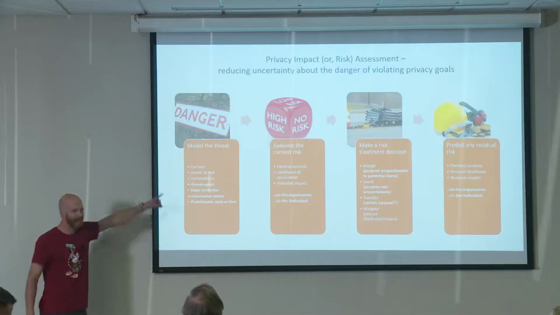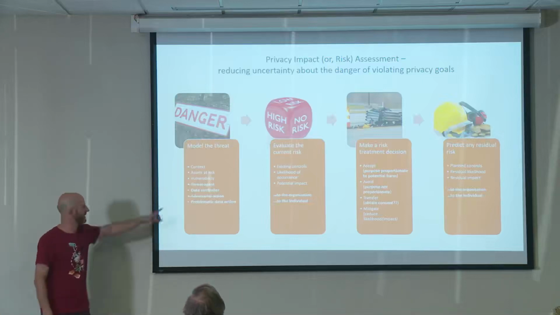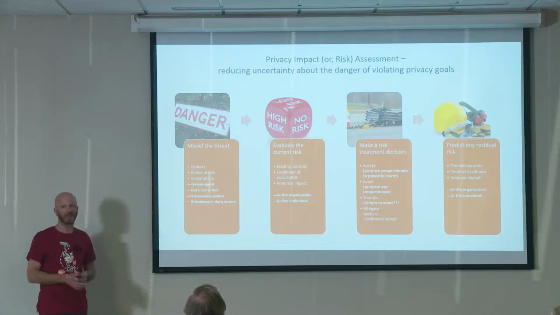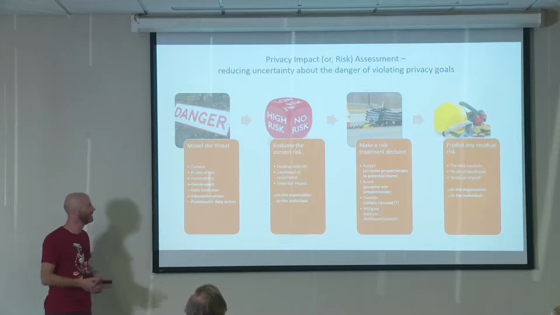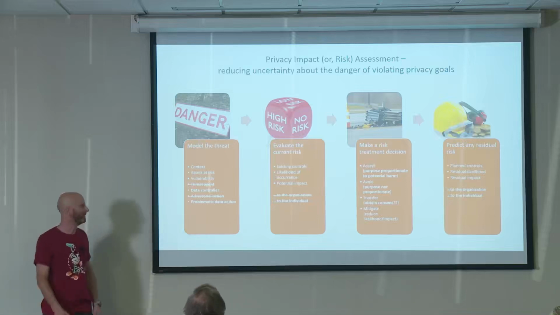We model the threat, and maybe we call the threat agent a data controller instead, because it's the one deciding what happens with the data. And maybe because we don't want to talk about adversarial actions, we call them problematic data actions that might occur.